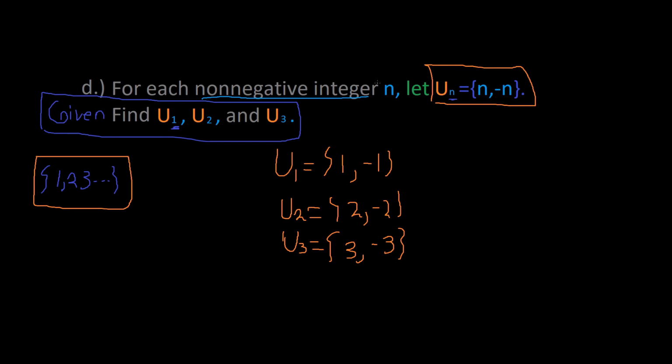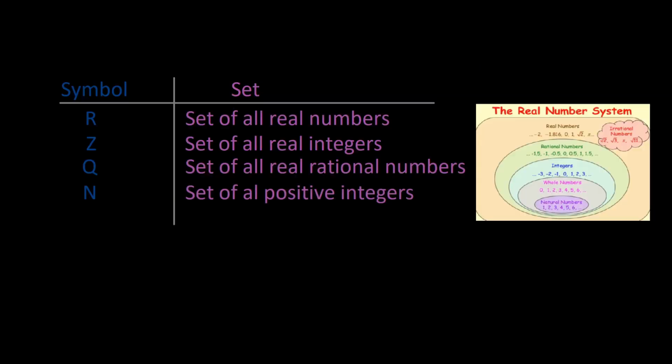Sometimes questions give us more than what we need to know, so keep that in mind. Like this, we could have done without it, right? We could have just said, let u of n equal this, find this, rather than giving us this extra information, which we didn't really need. So keep that in mind.